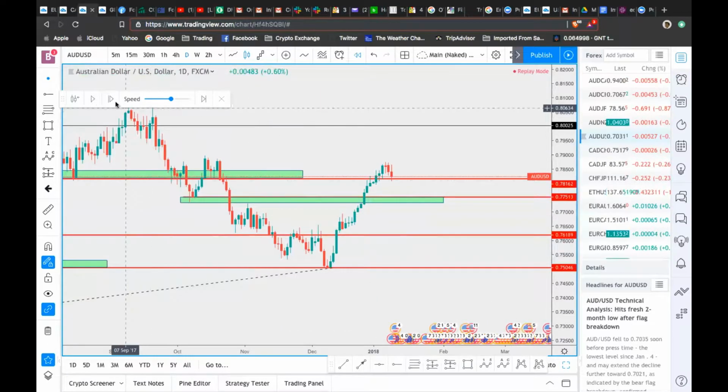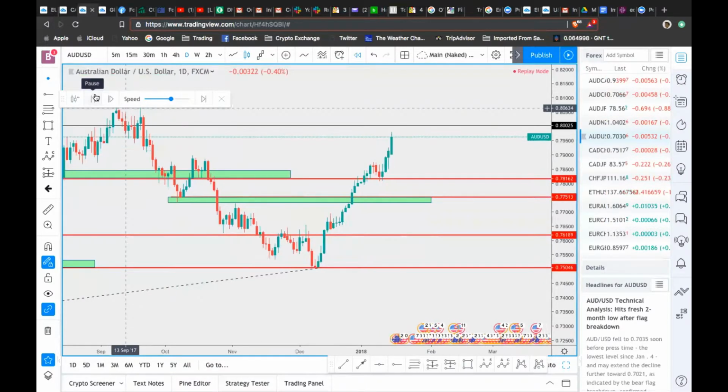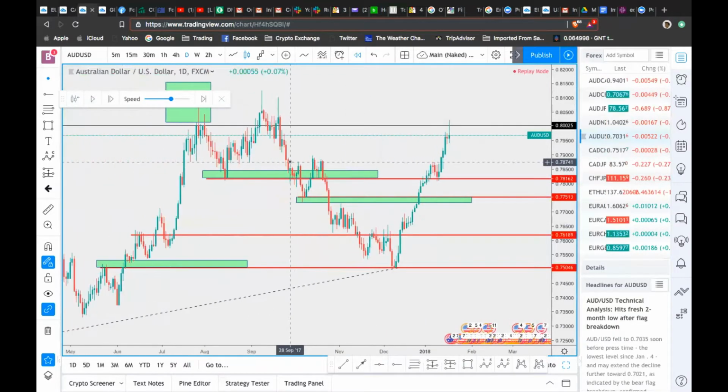Let's see if price gives us an entry. Well, we get the retest of this support. It broke the ceiling, broke resistance, and retested as a floor. We got an entry right here. We could have got it right here. You get what I'm saying?